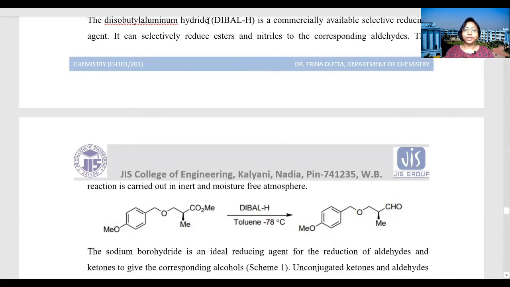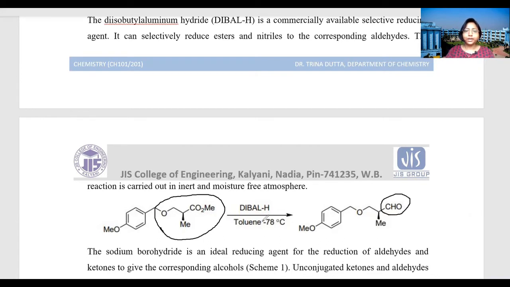Here you can see the group I am showing. It is your ester group, COOR, and here you are getting the aldehyde group, CHO.